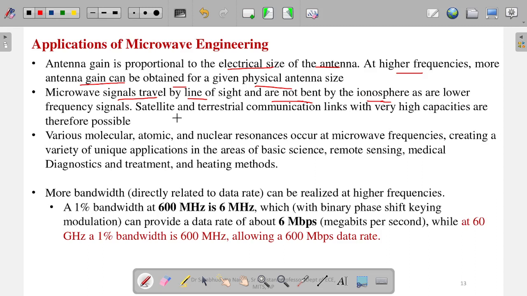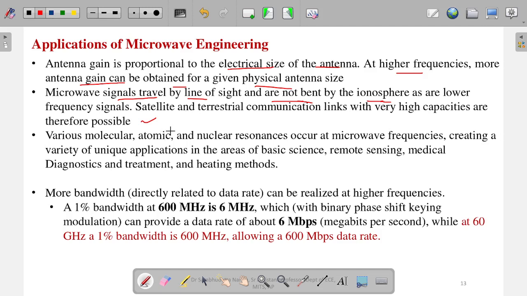There are some signals which reflect back from the ionosphere, and I will explain that when we get to it. Satellite and terrestrial communication are possible with very high capacities, because at particular frequencies the ionosphere doesn't reflect the signal, it passes it. In some cases it reflects on some particular frequencies.